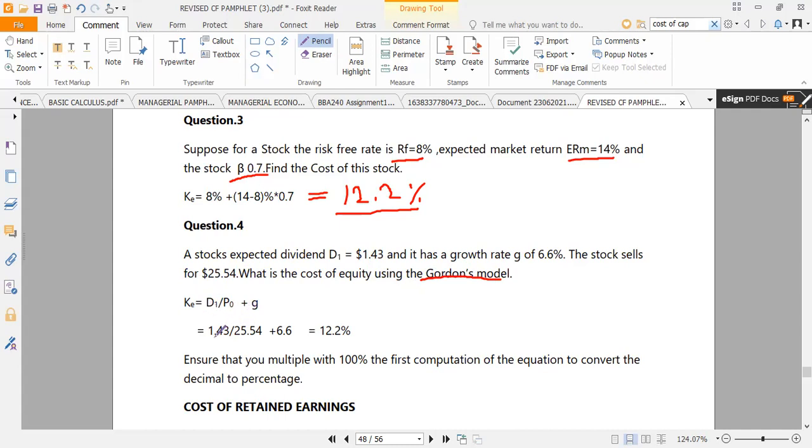So our D1 is 1.43. Please note that if you are given this as D0, you need to calculate D1 as D0 times 1 plus growth. These are emphasized over and over. So here we have 1.43 over 25.54 plus 6.6%. You're still getting 12.2%.